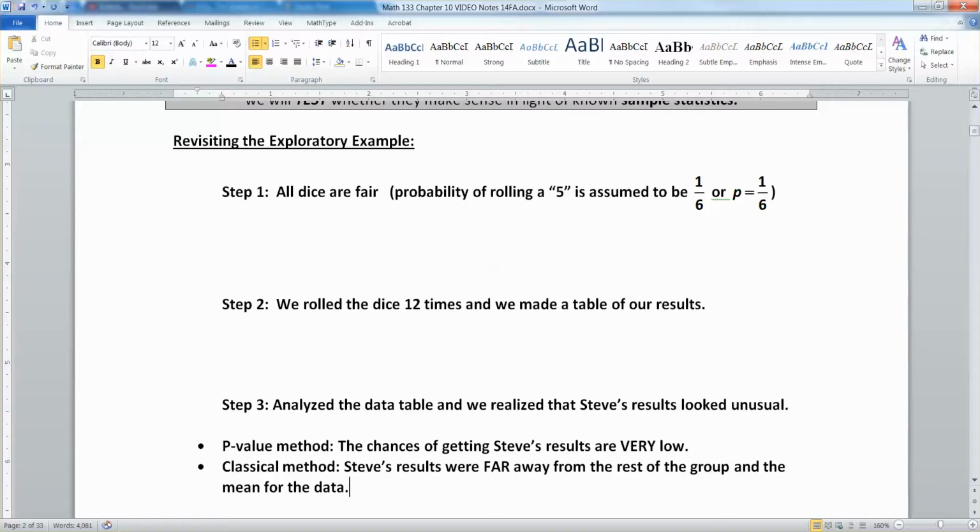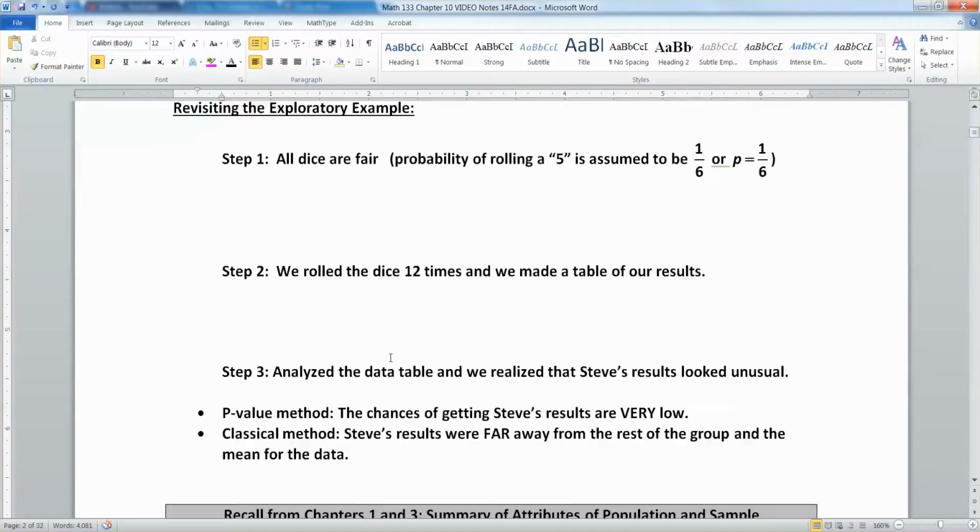Okay. And so once you analyzed it, you realized, oh, something's up. And this is how you can tell, right? Either the p-value method, which is the probability of getting what he got is so low that I think something's up, or the classical method, which is his results were far away from the rest of the group. The mean is where the rest of the group is going to be, right around the mean.